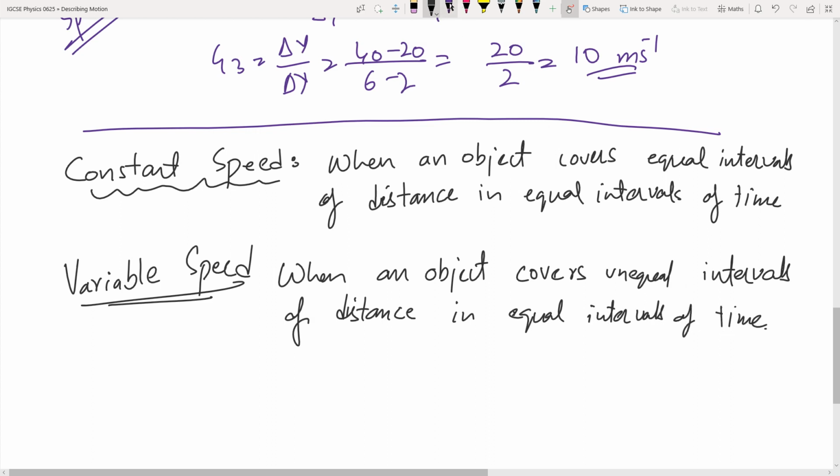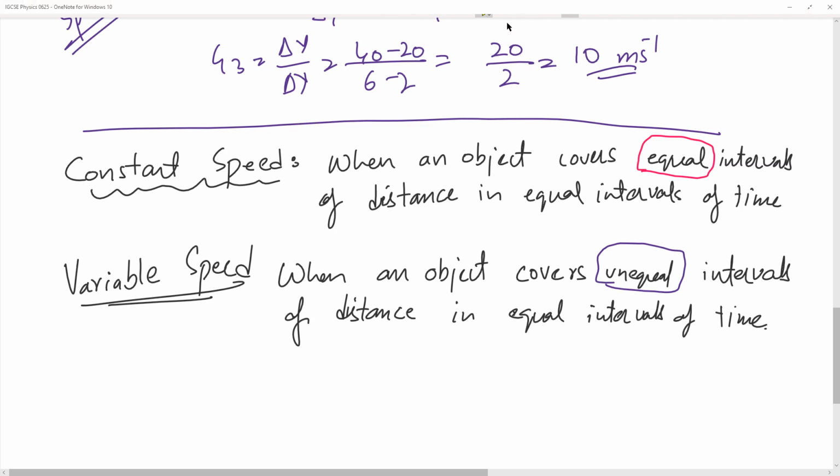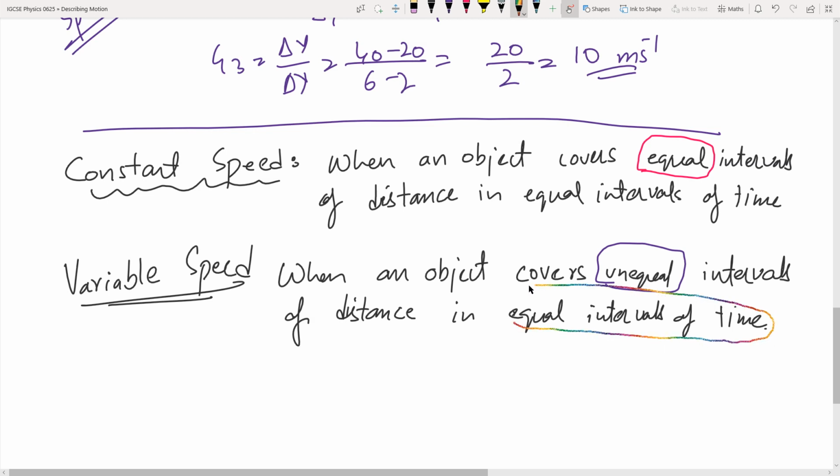Now there is a big change over here. This word unequal, and for the other one, this is equal intervals. Now remember, the intervals of time, I'm just going to use the rainbow pencil to highlight this, that the time is actually taken equally in both cases.